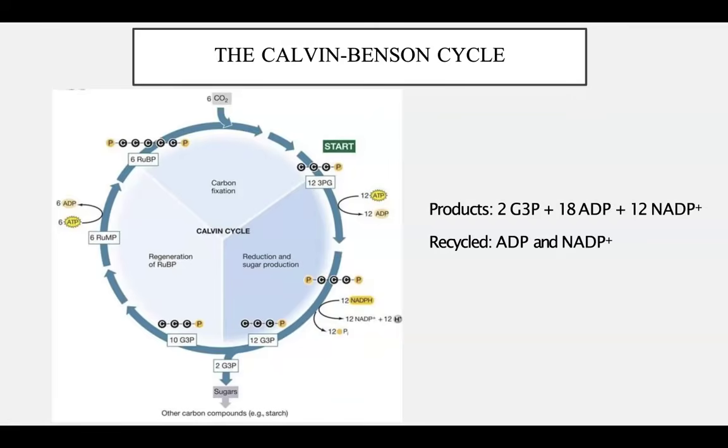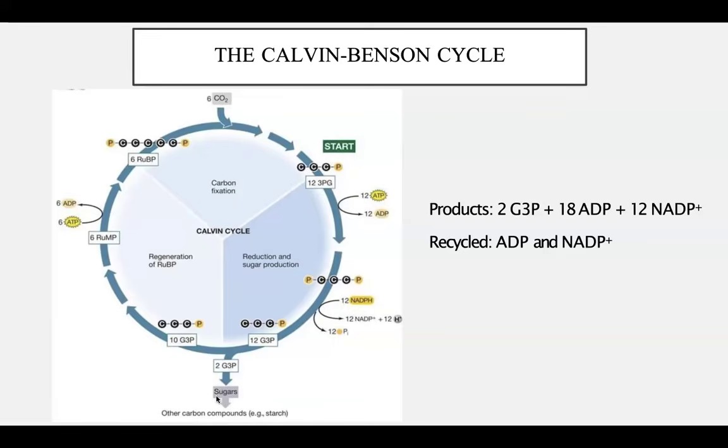Now, after producing 3PG, ATP gets hydrolyzed into ADP, NADPH loses its electrons, and your 3PG become G3P. One out of your six, or in this case, two out of your 12 G3P become your sugars.